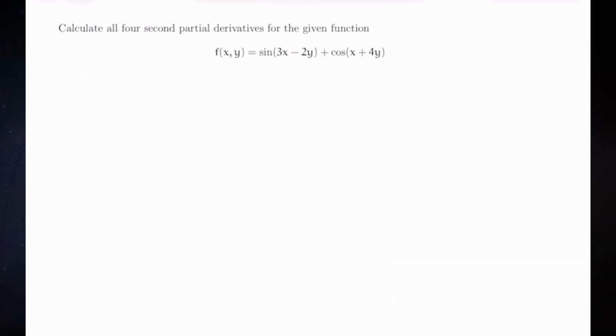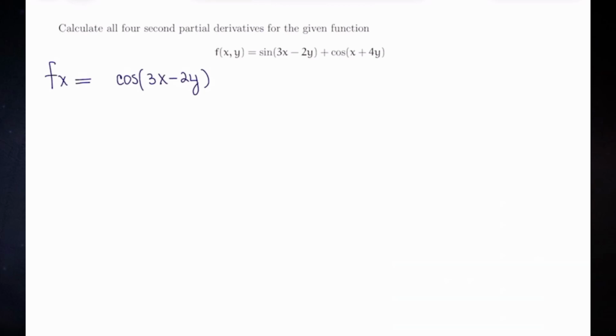All right, so let's start with the first partial with respect to x. Following the same steps as before, we hold y as a constant and x is the variable. So this gives us the derivative of sine, which is cosine of 3x minus 2y, times the derivative of the inside with respect to x, and that's 3.